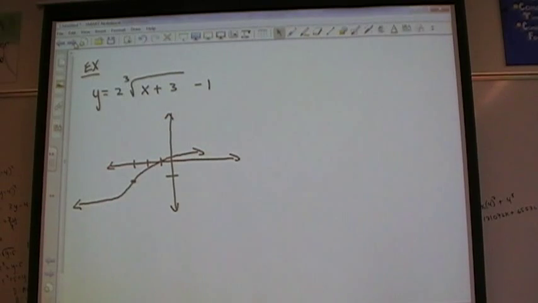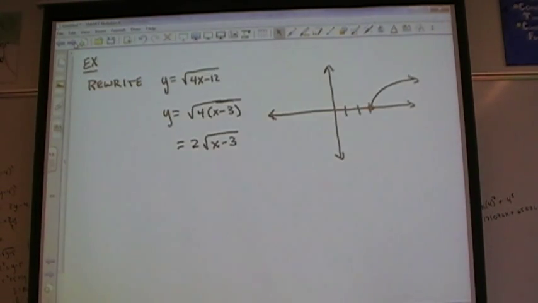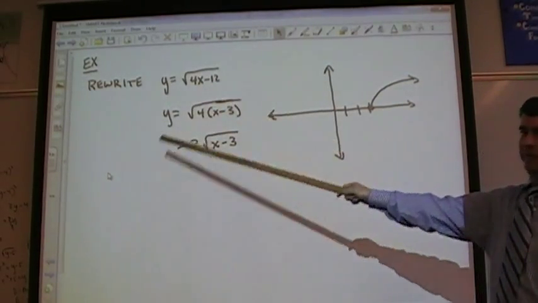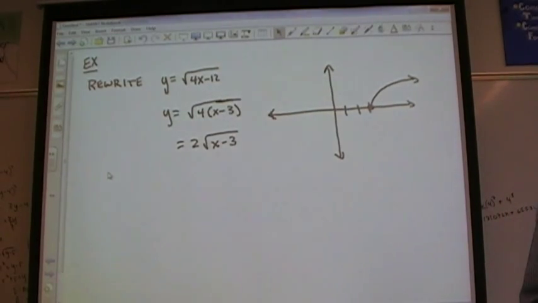And the last one. If you can simplify under the radical, you need to do it to make it easier to graph. So the original problem says to rewrite y equals square root of 4x minus 12 to make it easier to graph.